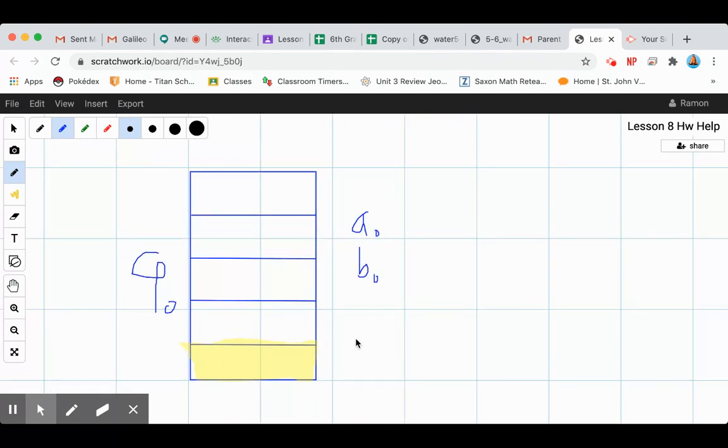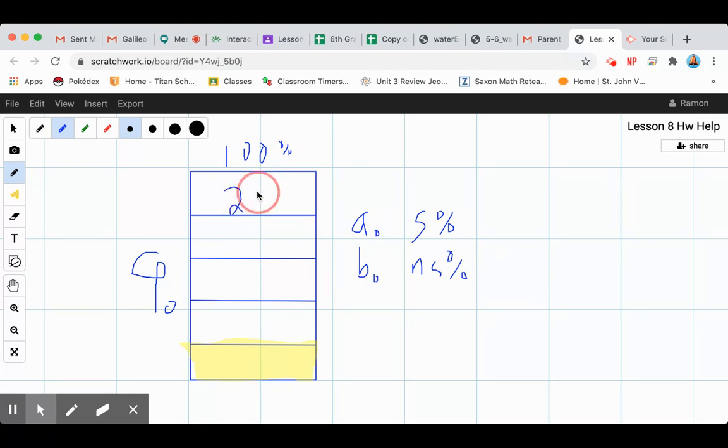Now 9 is a little bit different because we want percentages, so we want the shaded percentage and the not shaded percentage. So for the shaded percentage, if we take the entire thing as 100%, then we have to split up that 100% evenly into 1, 2, 3, 4, 5 different parts.